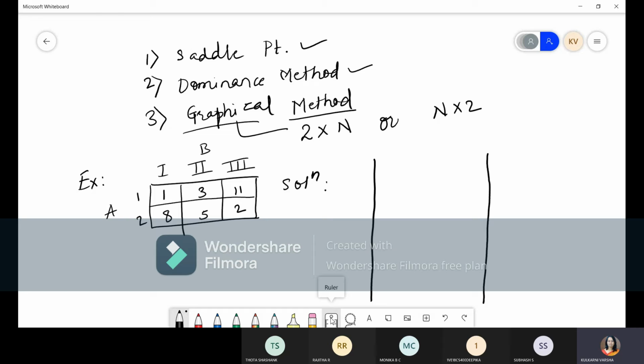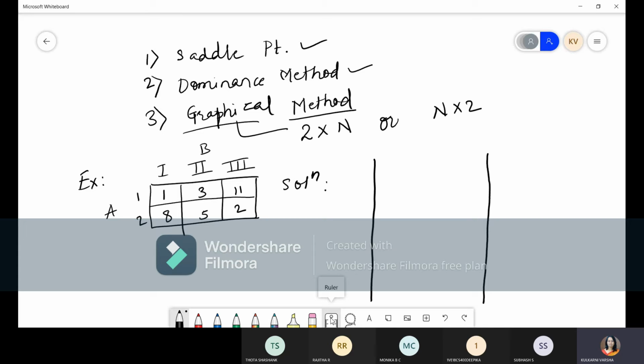So we have to take those two rows' values and draw them on these lines. What are the two rows' values? They are 1, 3, 11, and the other row is 8, 5, 2. So these values we have to draw on these two lines. We can consider one line for this row and another line for the other.